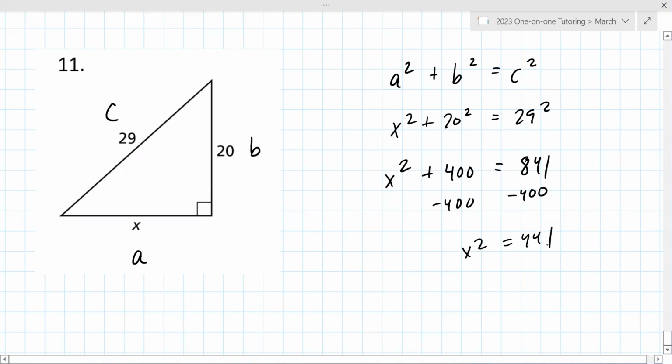Anything left? And then we have to put the 441 under a radical. That's right. And then we get 21 for X. Yes, so X is 21, very good.